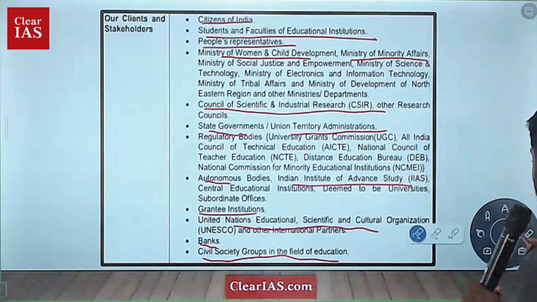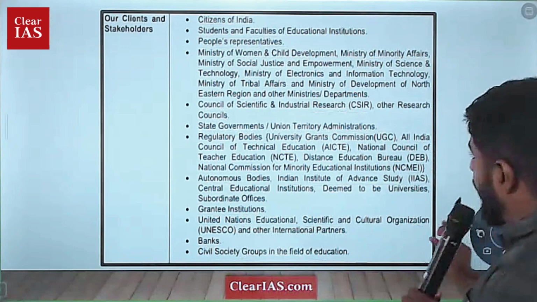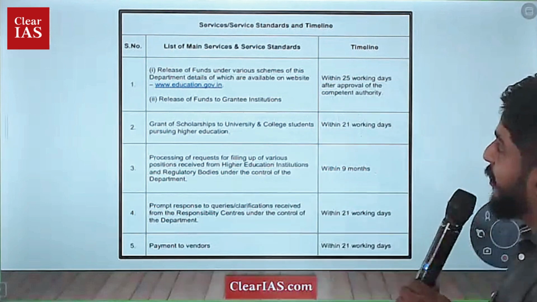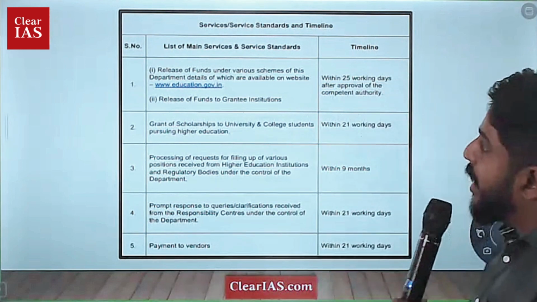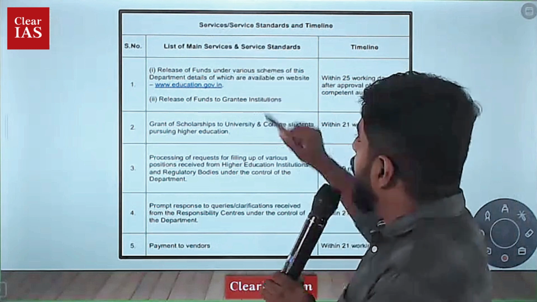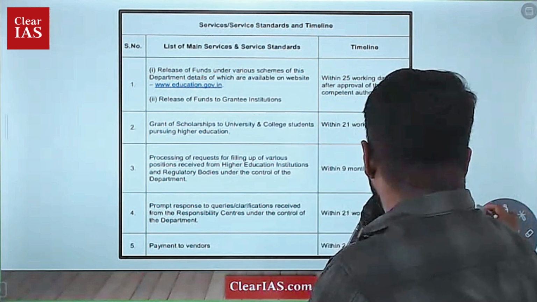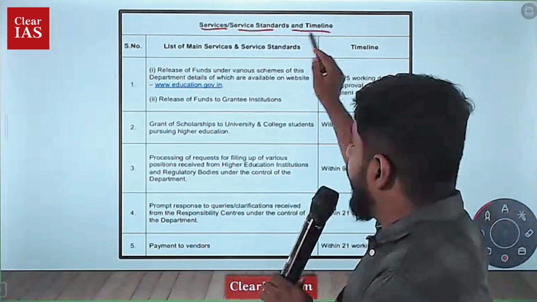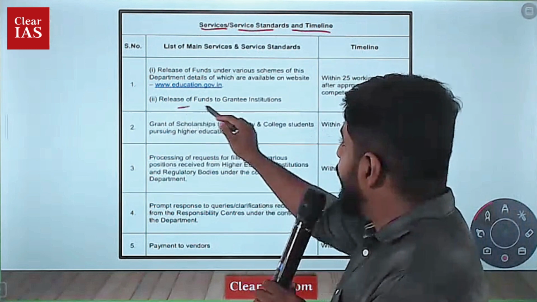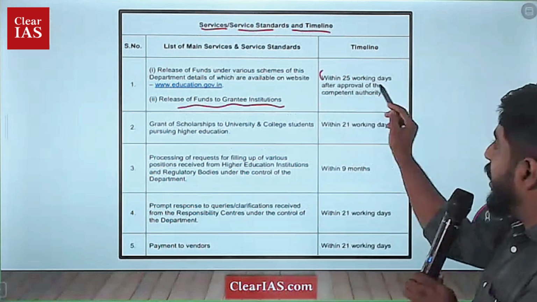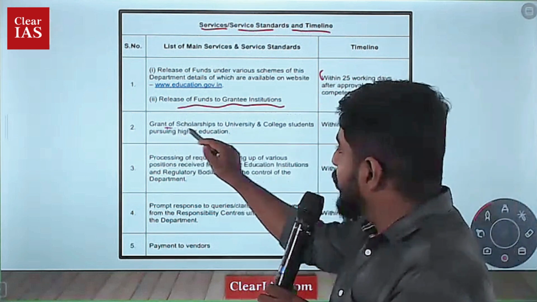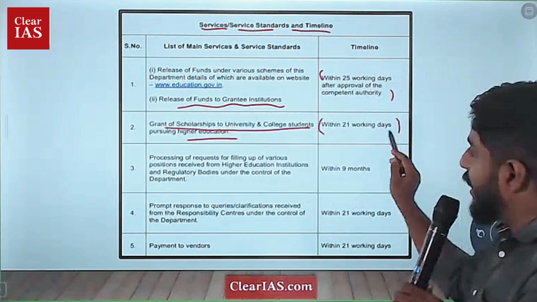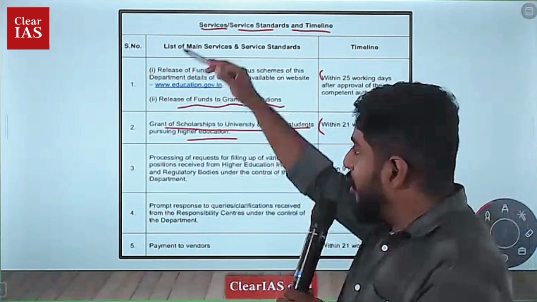Those who will be availing the service of the Department of Higher Education are those categories of individuals. Now, what are the services, service standards and timeline? For example, release of funds to grantee institutions within 25 working days, grant of scholarship to university and college students pursuing their education within 21 working days.